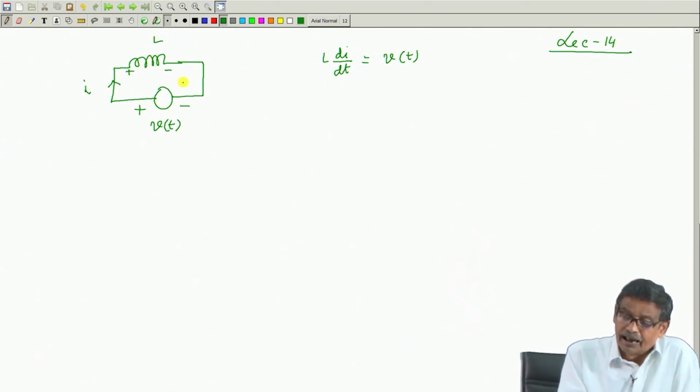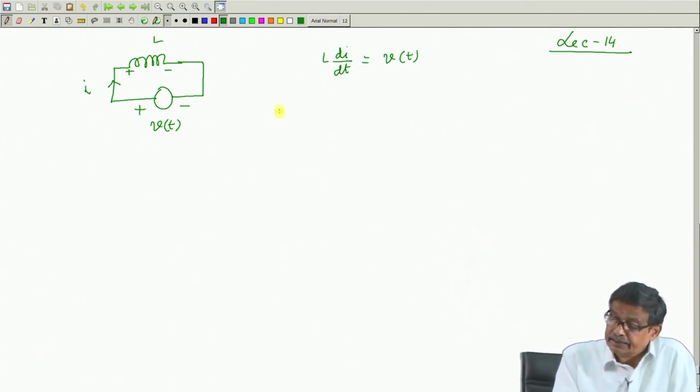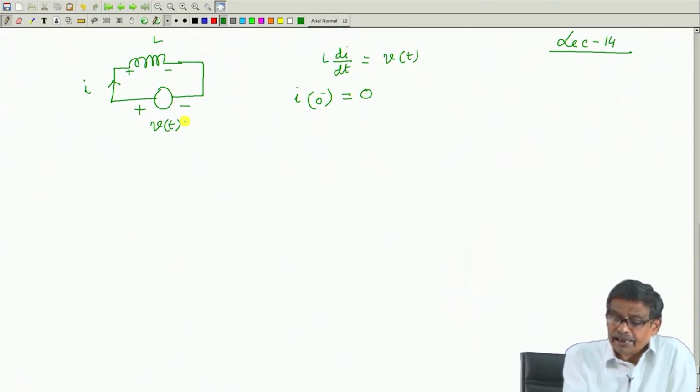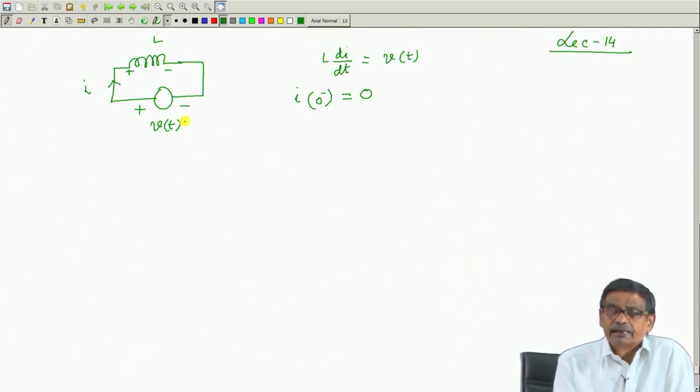Now, suppose I say that I 0 minus was equal to 0. When I connected this V t across L, previous to that there was no current in the inductor.